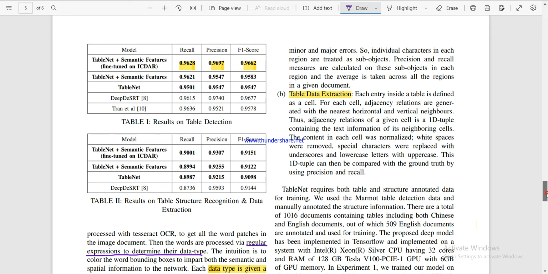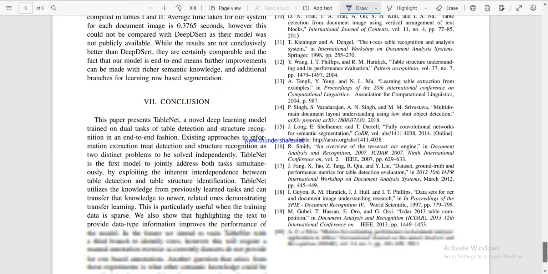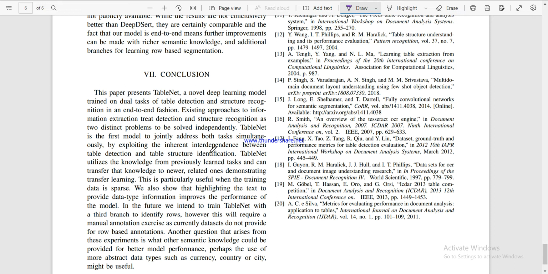After that there is the conclusion. The conclusion is that this paper presents the TableNet model, a novel deep learning model trained on a dual task, where the dual task is table detection and structure recognition in an end-to-end fashion.